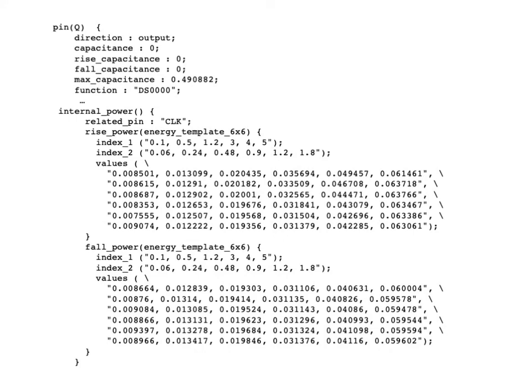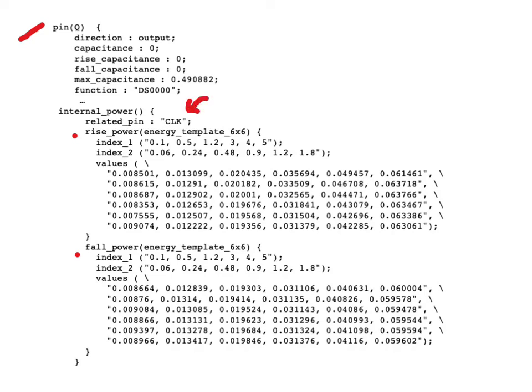And here we see the definitions for the output of the flip-flop Q, and that is given as rise and fall powers, that is rise power and fall power consumed when the output Q switches in response to activity on the clock.